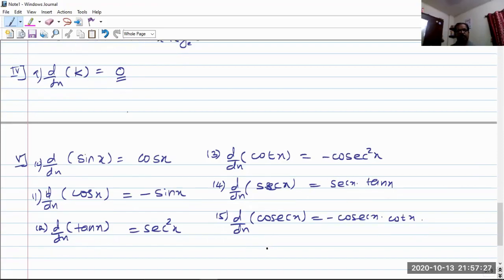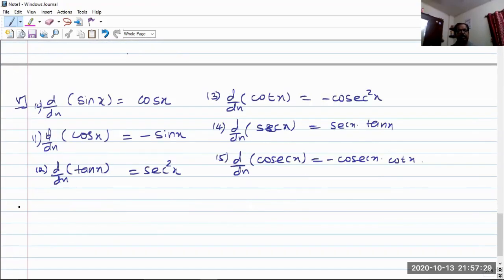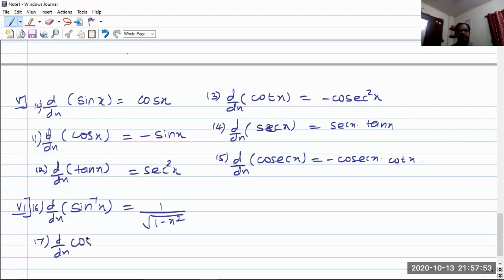After that we have one more kind of function that is called inverse trigonometric function. Which are those? Let us see them. The next formula is for the derivative of inverse trigonometric functions. The first one is the derivative of sine inverse x. It is given by 1 upon root 1 minus x square. After that we have the derivative of cos inverse x.